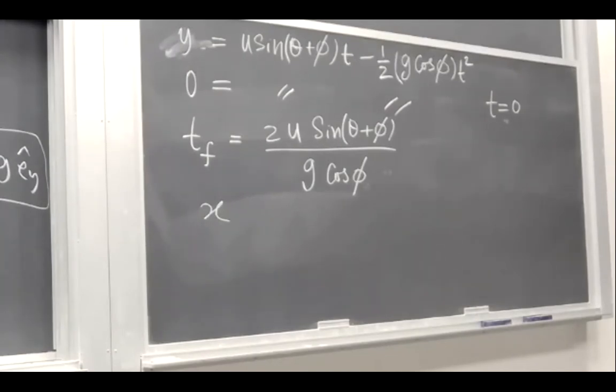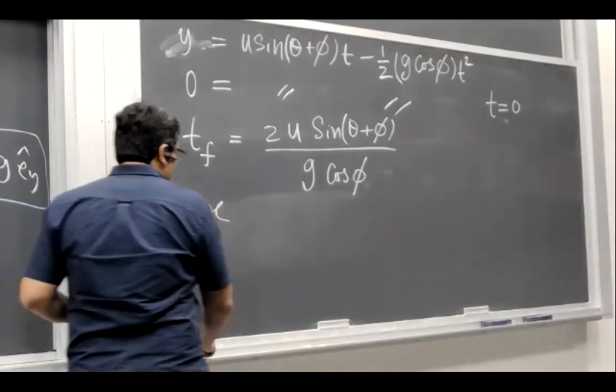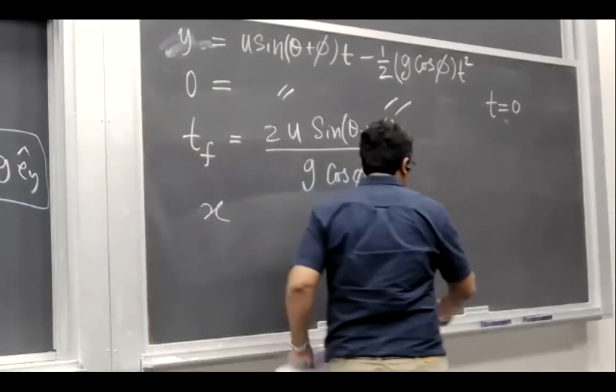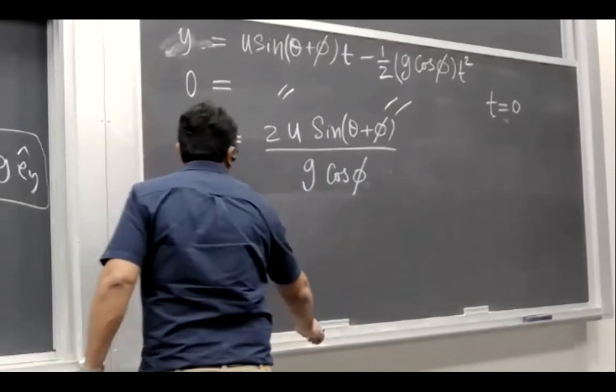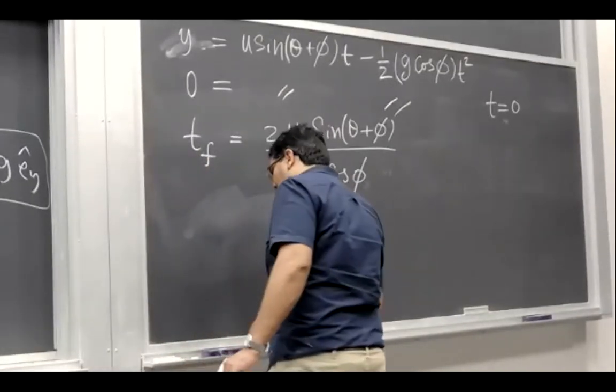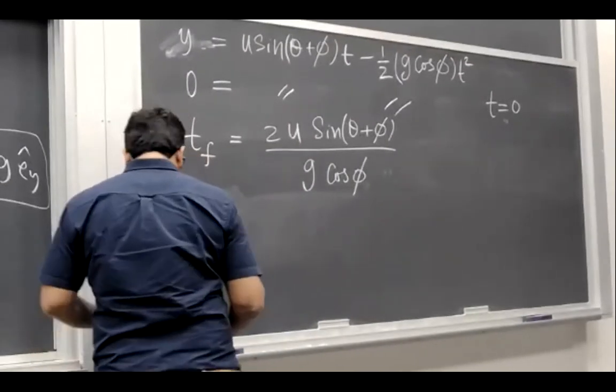Okay, and if you substitute in that the value of the time of flight, you will get range. And it's the same thing that we did in the earlier case. You take the X component and you substitute the value of TF, the time of flight, and you get range. Okay.